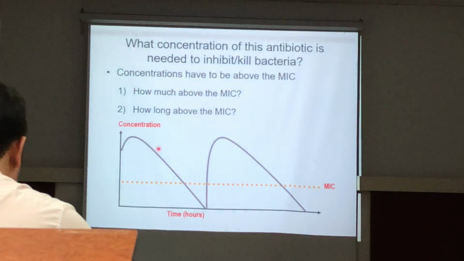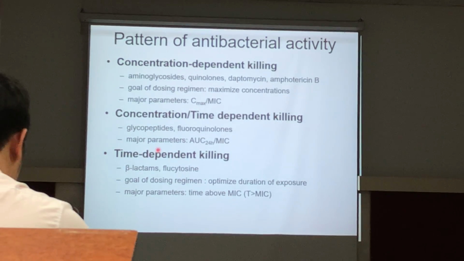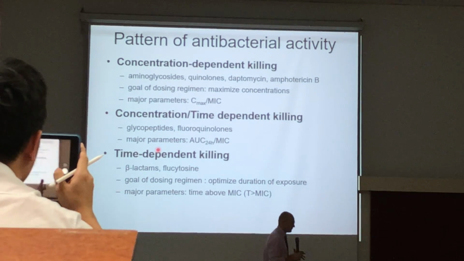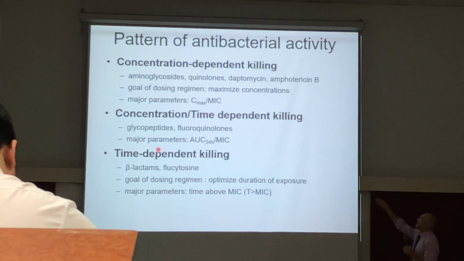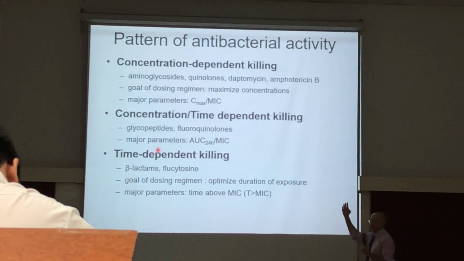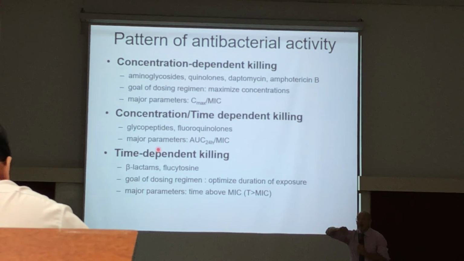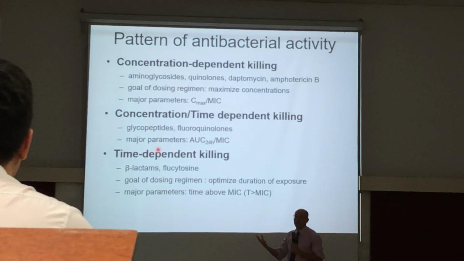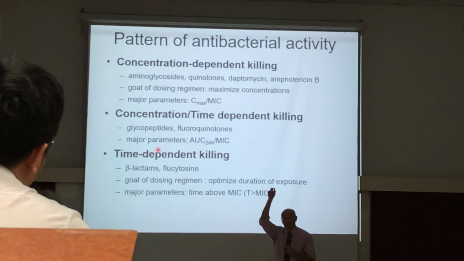For this, we have three, I should say two, but for your convenience it's easier to explain with three different kinds of antibiotics. Concentration-dependent antibiotics: the higher the concentration of the drug, so the higher the Cmax, the more effective they are. Therapeutically, I have to give a really high concentration of the drug and try to increase the Cmax.